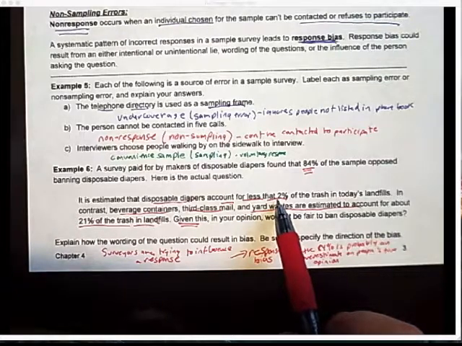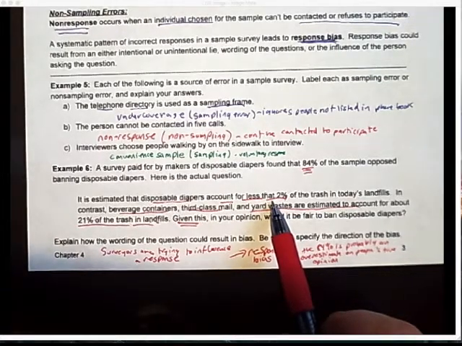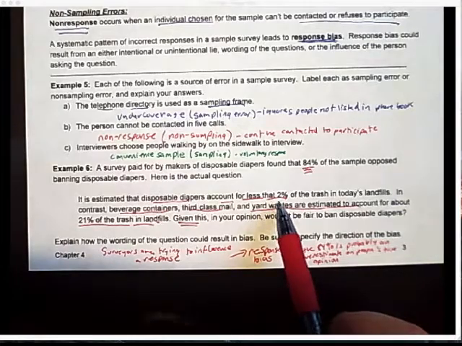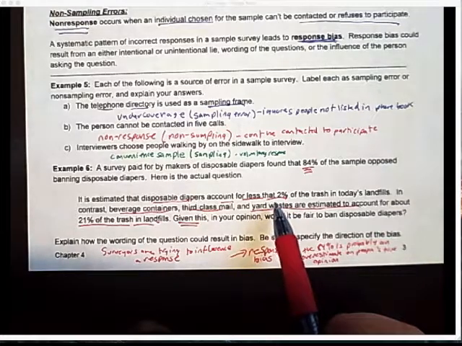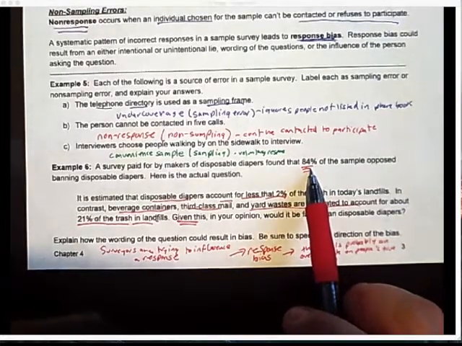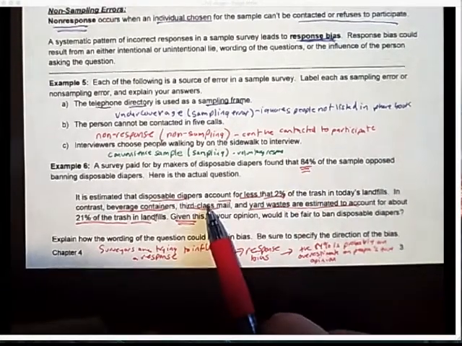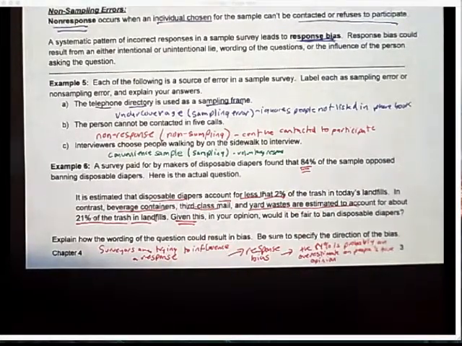They want you to answer that way. All right, they want you to oppose banning disposable diapers. That's the reason this is so high. It's because they're influencing the way you think. All right? Just the way television commercials try to influence the way you think. They want you to buy their products. So they're going to bring some numbers into play and make you think the way they want you to think.